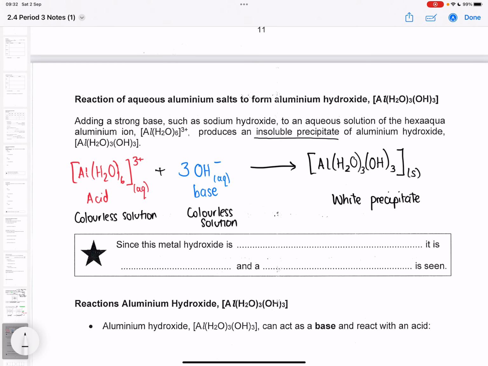So this is aluminium hydroxide. Since it is a neutral molecule, it has no charge, it becomes insoluble. They're able to attract each other, so it's insoluble, not repelling each other anymore, and a white precipitate will be seen.